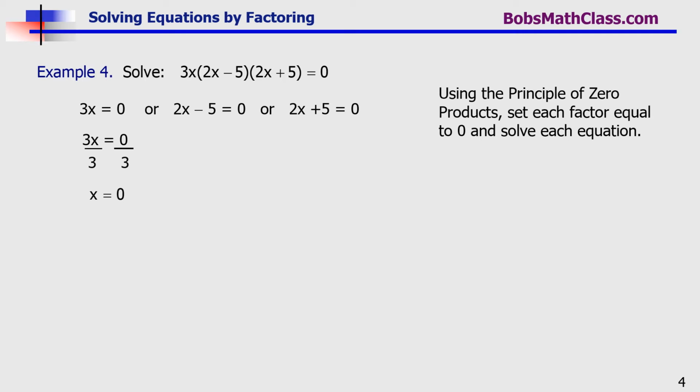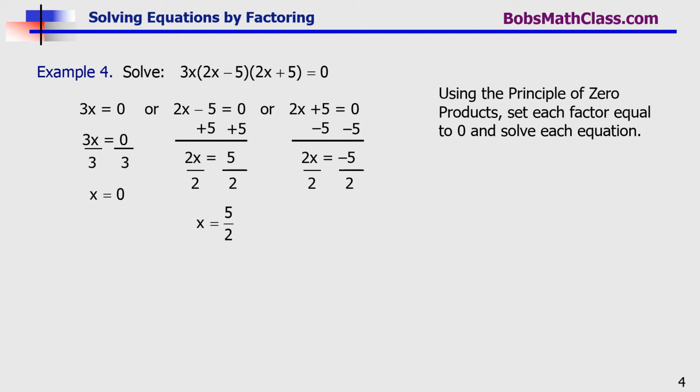It doesn't make sense, so then you could just disregard the number when we're solving equations. Okay, next equation. Add 5 to both sides, and then divide by 2, so we get 5/2. Third equation. Same thing, just subtract 5 on both sides, still divide by 2, and we get negative 5/2.